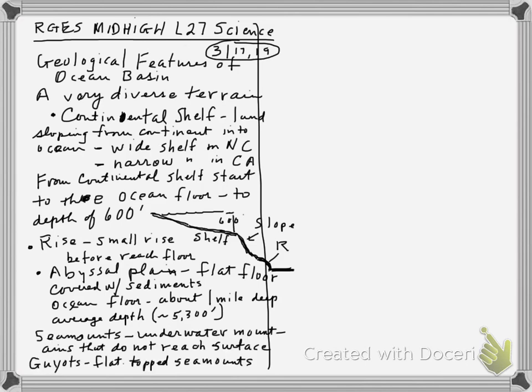Now we also have seamounts, and you can see it's S-E-A, just like sea, mounts, M-O-U-N-T-S. Seamounts are these underwater mountains that do not reach the surface. So they'll be mountains that come off the ocean floor, and they're usually pretty jagged. They come to sharp peaks, and they do not break the surface of the water.